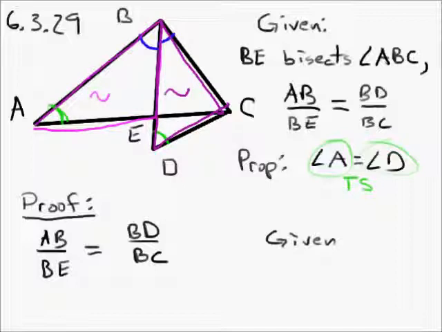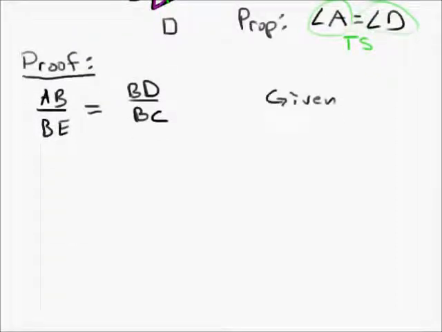And a lot of times we say, okay, AB divided by BD. We set up a ratio between the two triangles, not a ratio within the triangle itself, like AB and BE. So we're going to flip these ratios around a little bit.